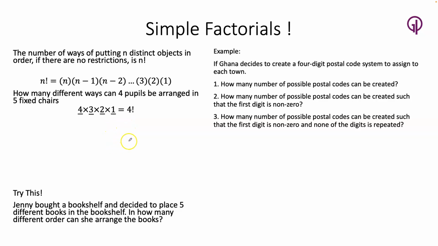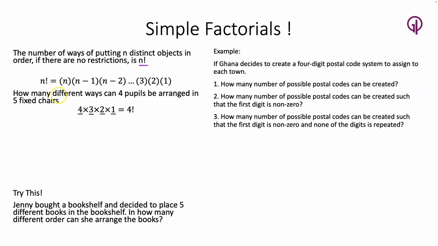Now we'll turn our attention to simple factorials. The number of ways of putting n distinct objects in order, if there are no restrictions, is n factorial, which is represented by n followed by an exclamation mark.